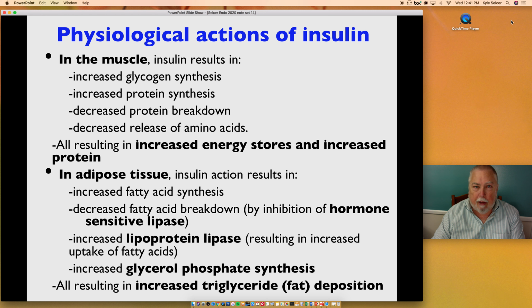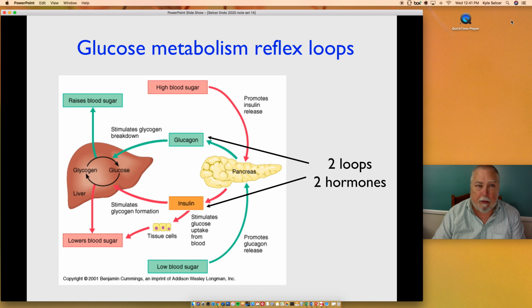This allows you to uptake fatty acids. You need lipoprotein lipase to free up the fats off of their transporters in the blood. So lipoprotein lipase takes the fats off of the transporters and allows them to come to the cell. And then increased glycerol phosphate synthesis, which is used in helping to put fat away. These all result in triglyceride or fat deposition.